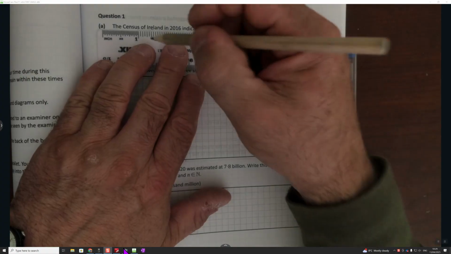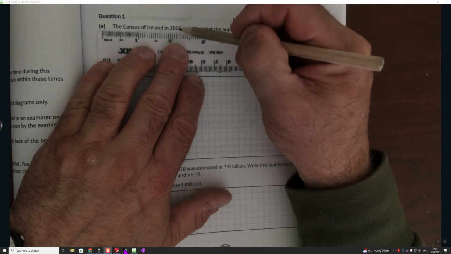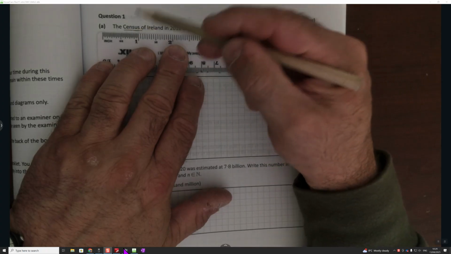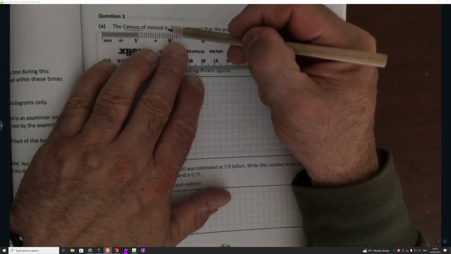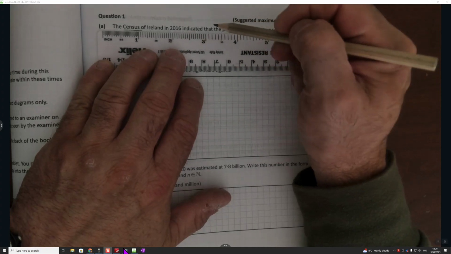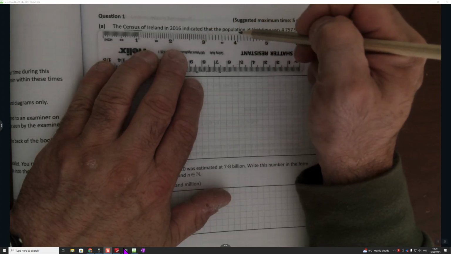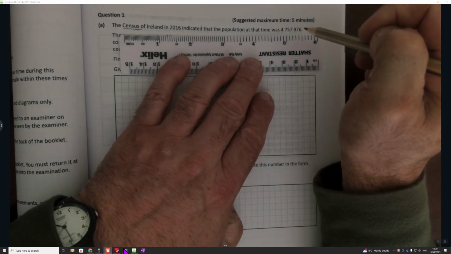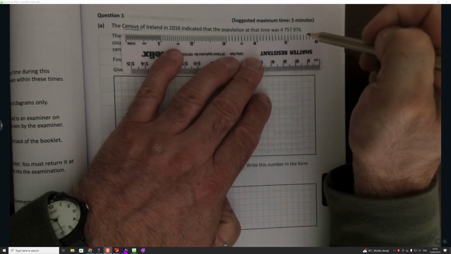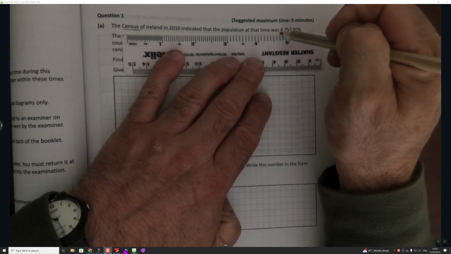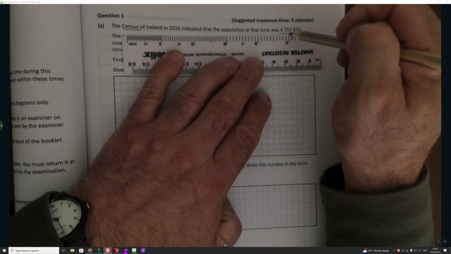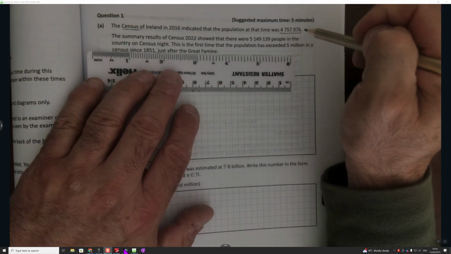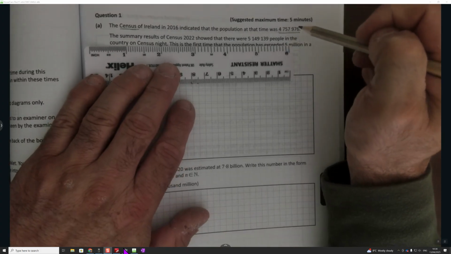So we're reading that the census of Ireland, a census is when you take the entire population and you do a statistical study on the entire population, of 2016 indicated that the population at that time was, now there's a very big number with a lot of significant figures, so the important thing to note about this is just that it's way over 4 million, and we won't get into the details of all the significant figures right now.